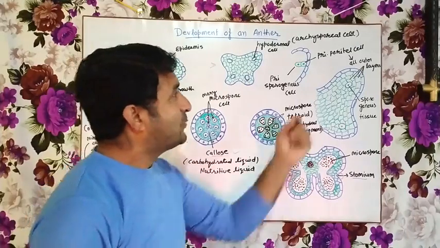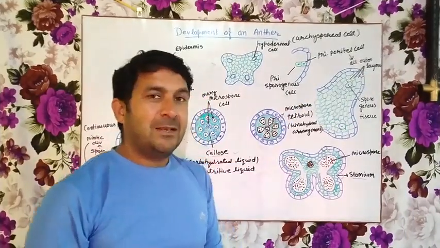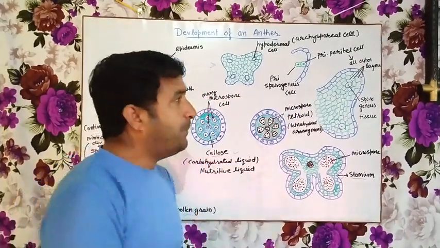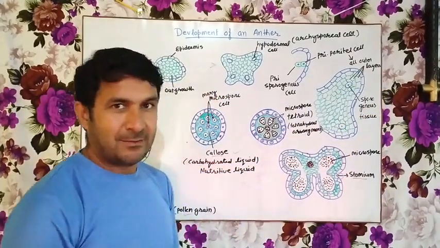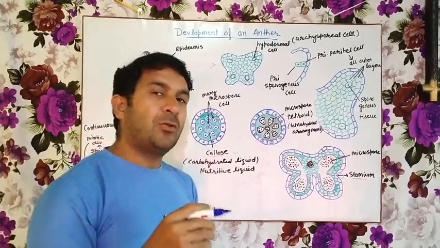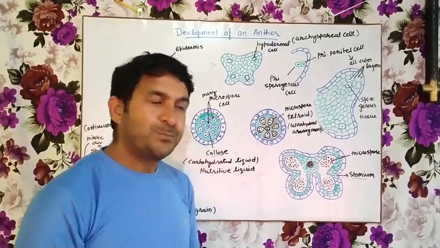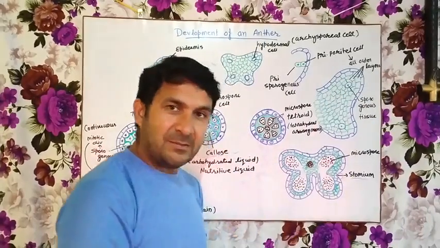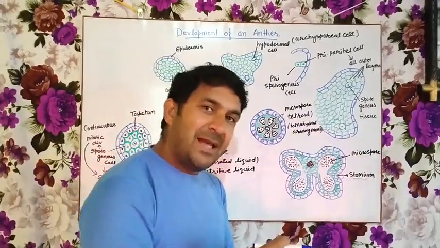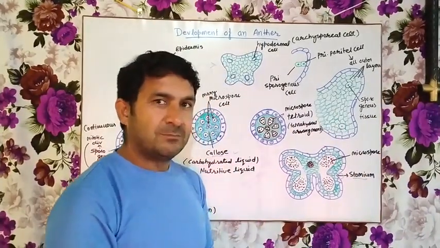Right? So the primary parietal cell develops the different linings of the anther, which I taught you in the previous class. These linings are the outer one, the epidermis, inside the epidermis, the endothecium.